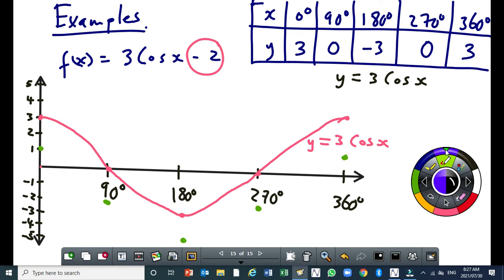So now I can sketch the graph. Let me just sketch it in green. This is a sketch, so it can go like that. Not perfect.